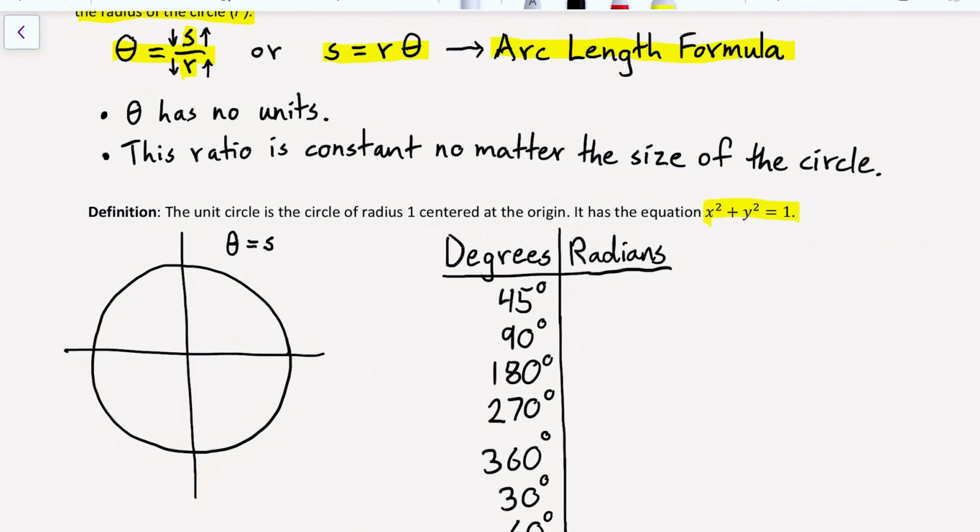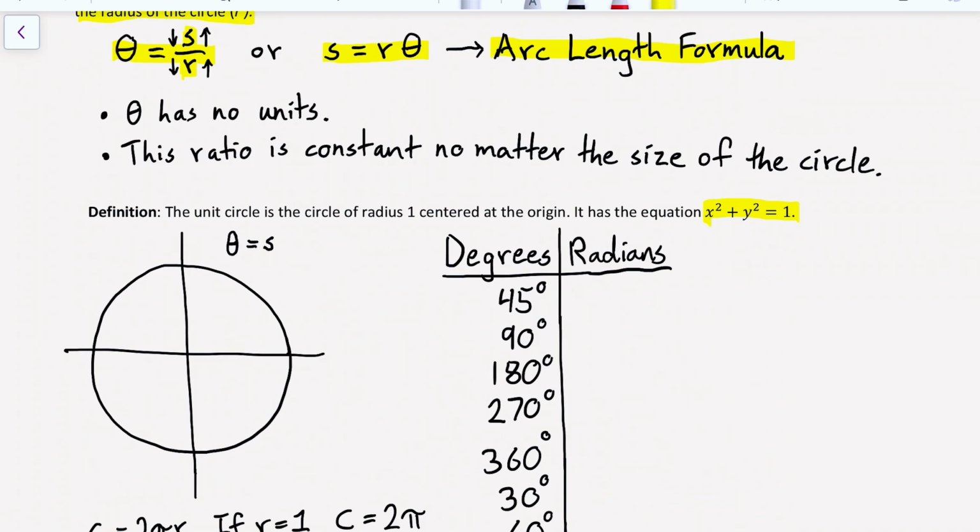Let's see if we can match up some degree measures with radian measures on the unit circle. One other thing we need to know is, how do we measure s? How do we measure the distance around a circle? Well, we know that the circumference of a circle, the distance around the circle, equals 2 pi times r. So if r equals 1, as it does on the unit circle, then the circumference equals 2 pi.